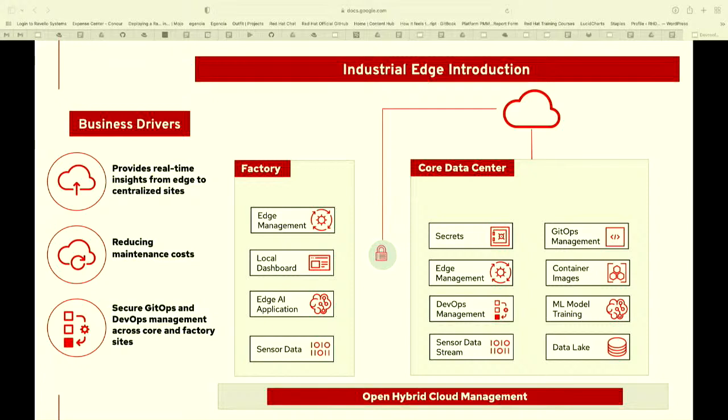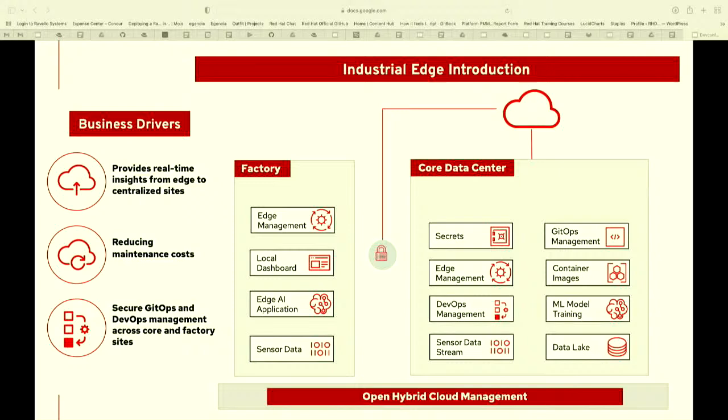Here we have the factory side, which is doing a lot of local processing of data. We have a local dashboard that shows what's happening on the factory floor. They have an AI/ML application that looks for anomalies in the production data. If anything comes up, the alert goes on the dashboard, and if configured, they can send the alert to the supervisor.